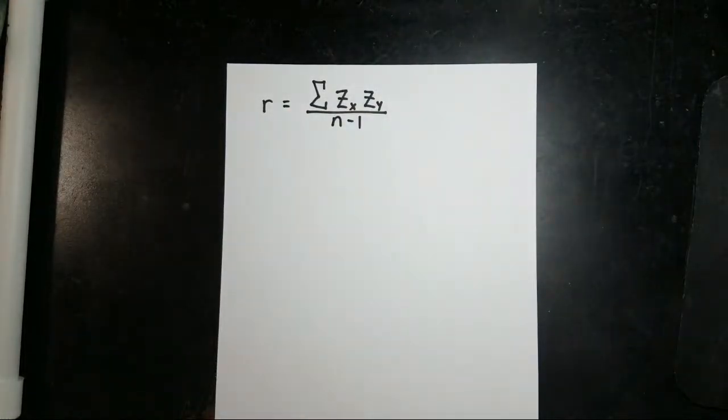Basically, you find the Z-score of the x times the Z-score of the y for every single data point in the set, multiply them together, add all those individual products up, and divide by 1 less than the sample size. That gives you the approximate value of R, the correlation coefficient, which describes the strength of the correlation.